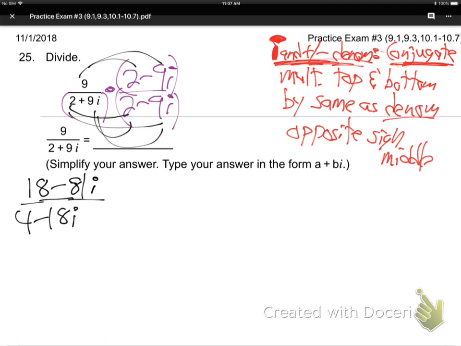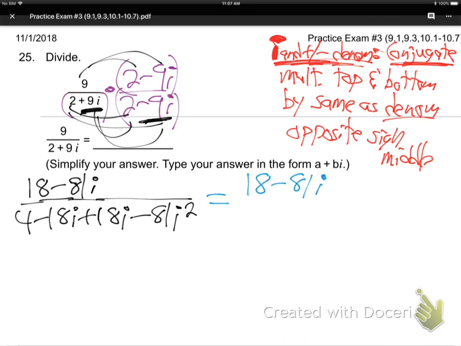And then boom, boom, plus 18i, minus, now positive 9i times minus 9i is minus 81i squared. These guys cancel. That's by design. That's why we use the opposite sign, because you have one minus 18i and one positive 18i, and these guys will cancel out. And we'll get 4 minus 81 i squared.